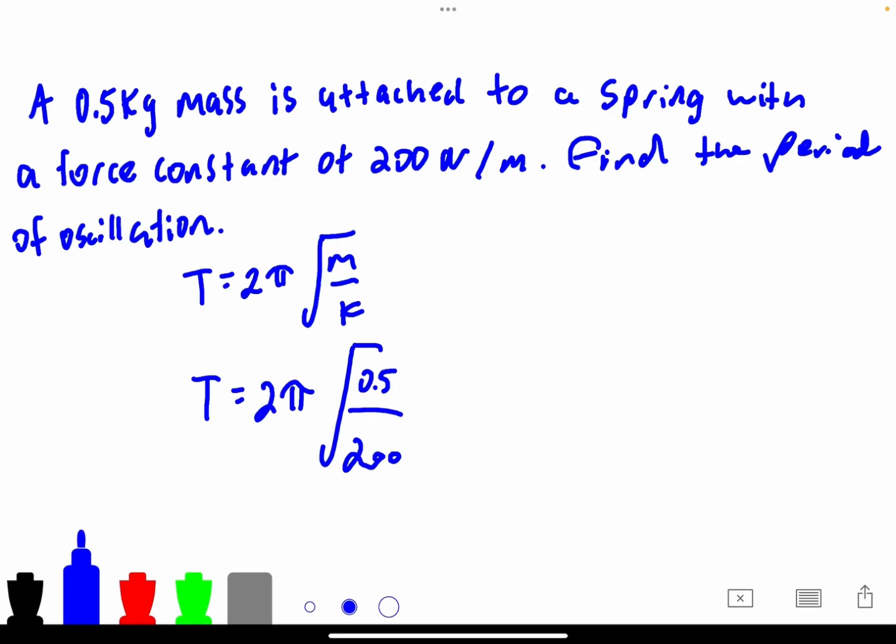And let's see what we get. 2 pi times the square root of 0.5 over 200 is roughly T equals 0.314 seconds.